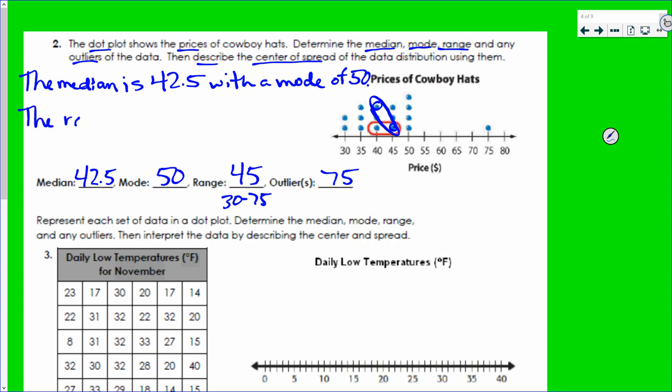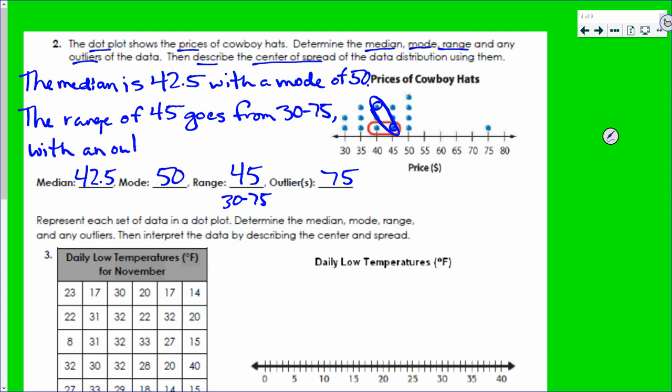The range of 45 goes from 30 to 75 with an outlier at 75. So what I've done is just verbally describe this data set, that even if I didn't know what my dot plot looked like, I could use this and I'd get a pretty good idea of what it is.